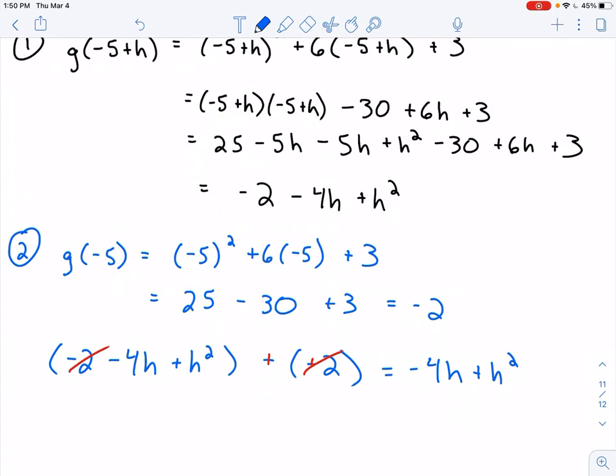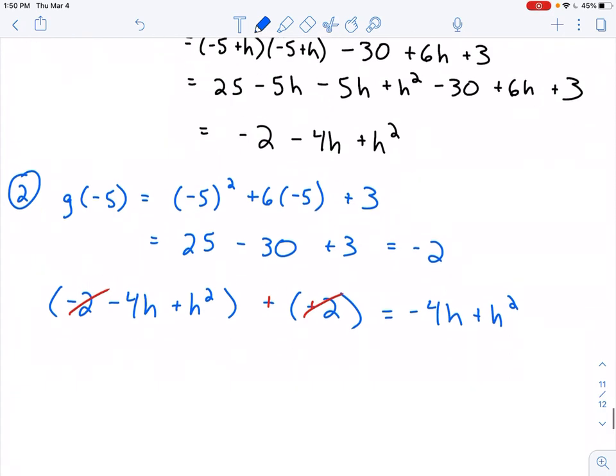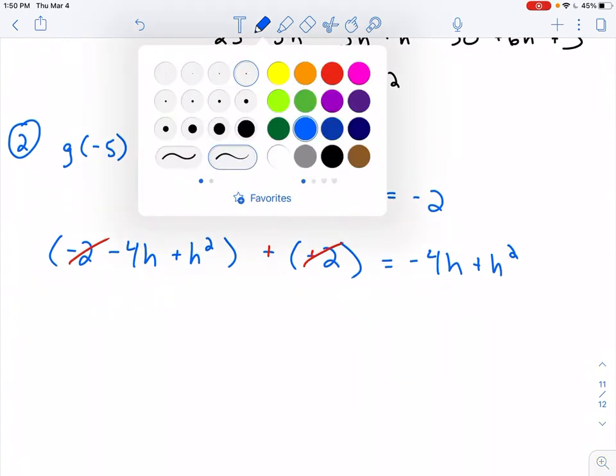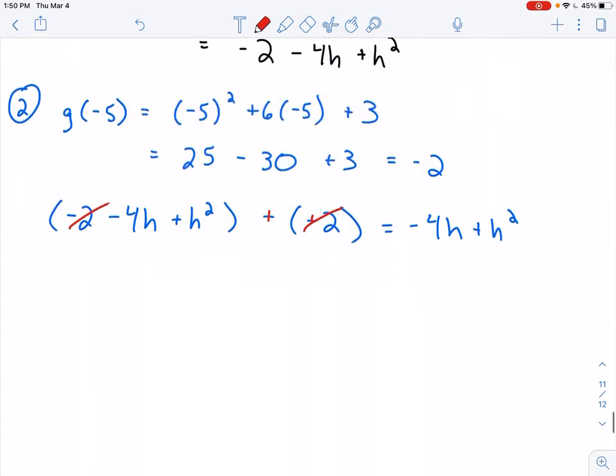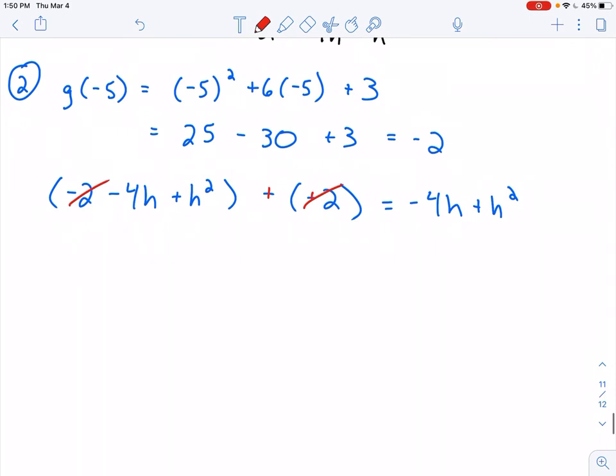So we move on to our third step. Our third step, we said, hey, we want to take this and divide it by h. So in step 3, I'm going to take negative 4h plus h squared and divide it by h. So here in this case, again, your goal is to cancel this h in the denominator.